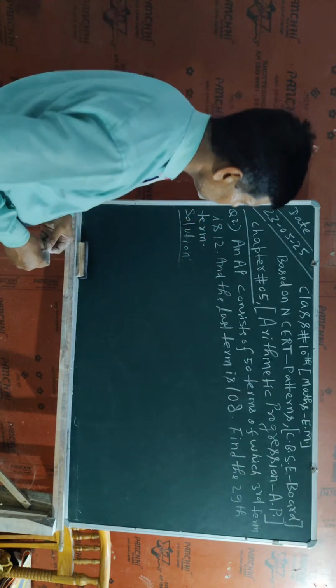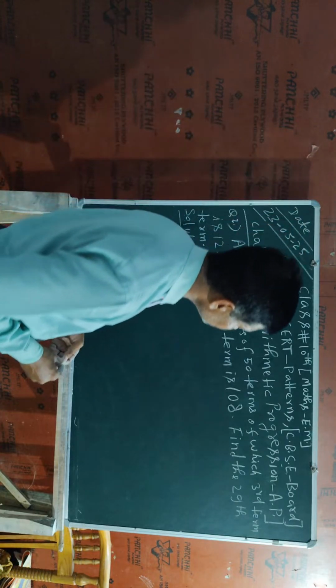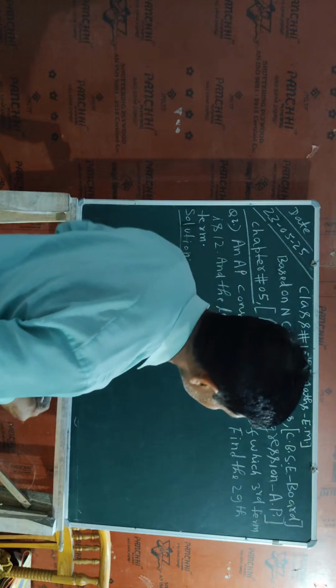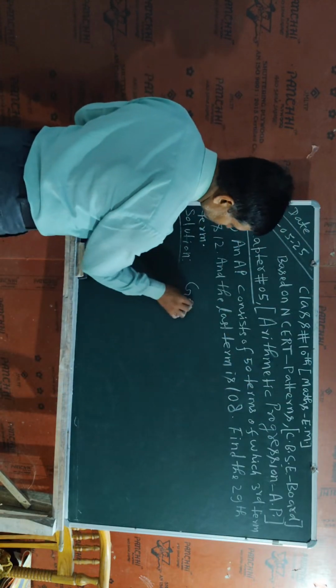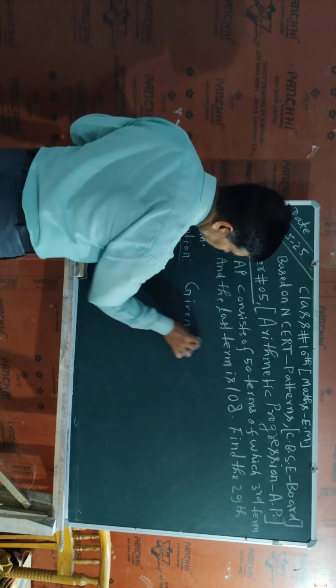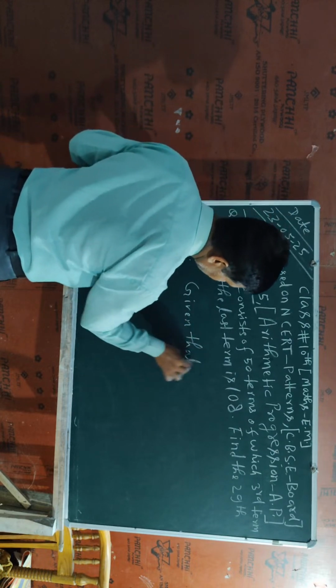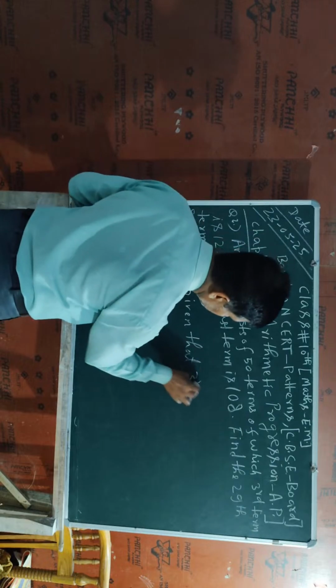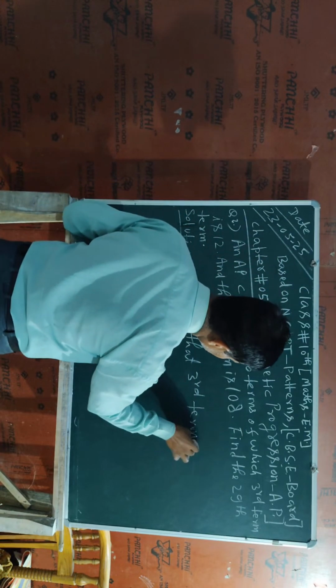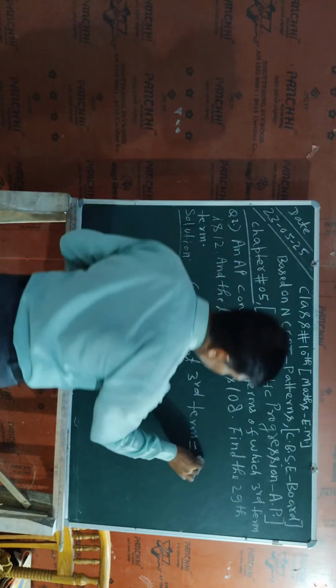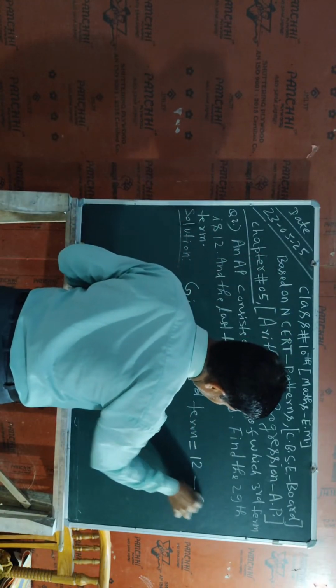An arithmetic progression consists of 50 terms, of which the third term is 12. So here I will write the given information: third term, a3, is equal to 12. I will take that as equation number 1.